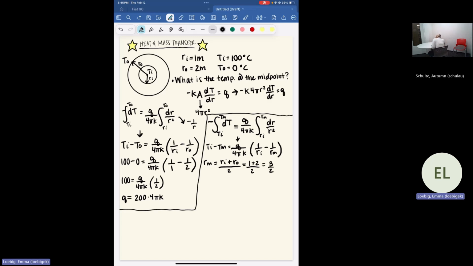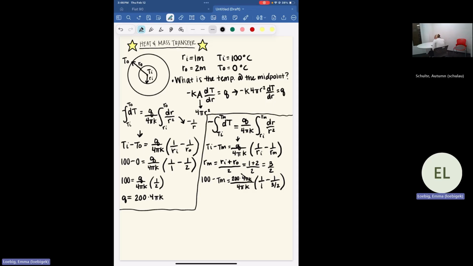Plugging in our other known values, our inner temperature is 100 degrees minus our temperature at our midpoint, which we are solving for, is equal to Q, which we established over here is 200 times 4 pi times our thermal conductivity, divided by 4 pi K, multiplied by 1 over 1 minus 1 over a midpoint radius, which we just found is 3/2.